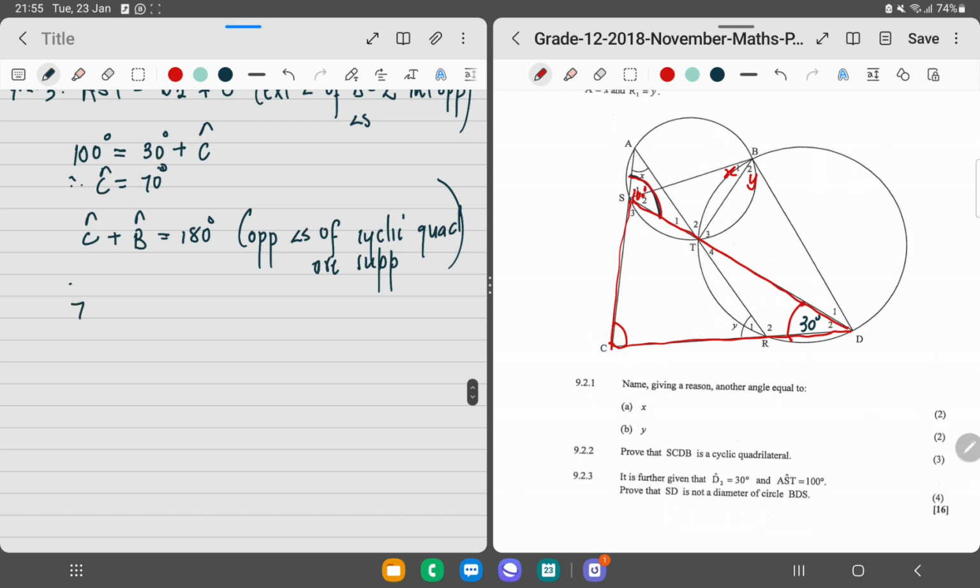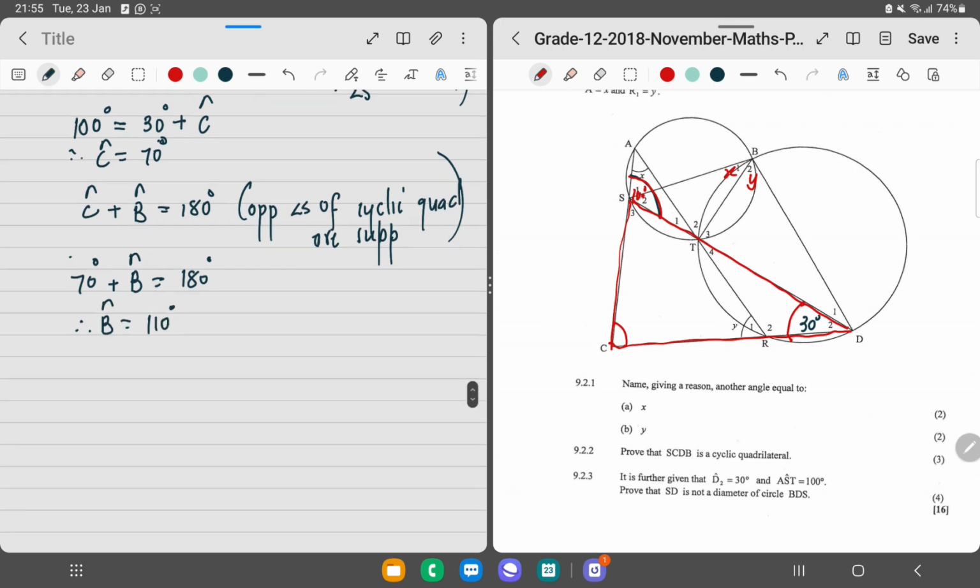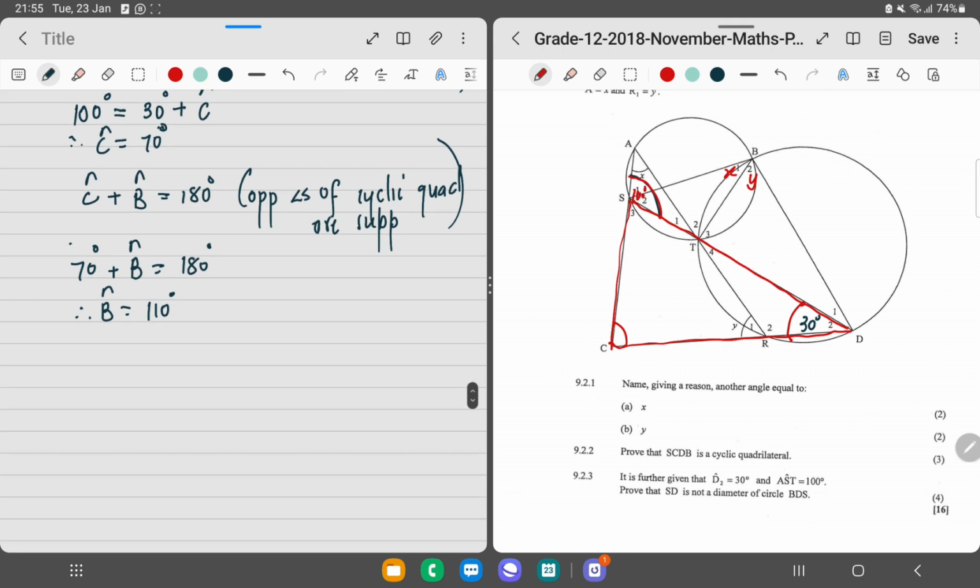C is 70 degrees and then B plus 70 is 180 degrees. So it means that the whole of B is actually equal to 110 degrees. Since the whole of B is not 90, it means that SD is not a diameter.